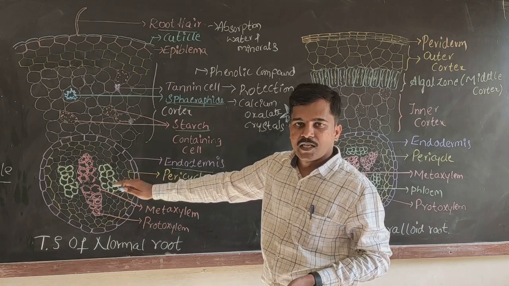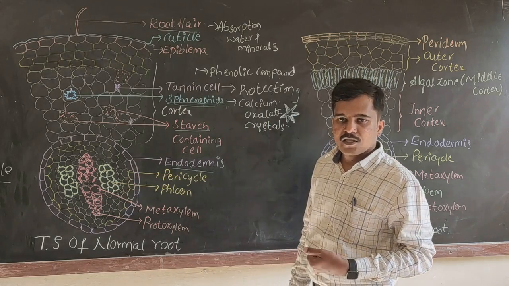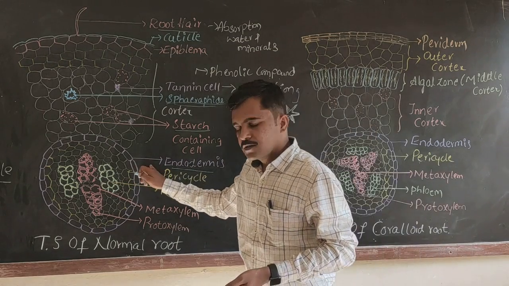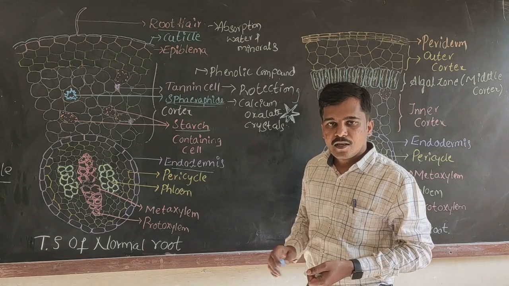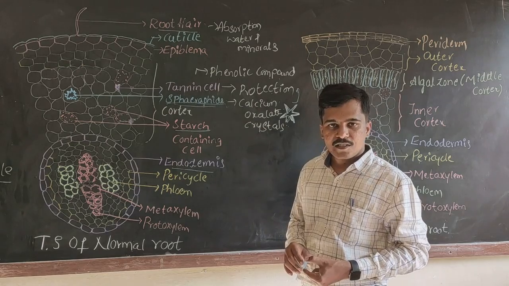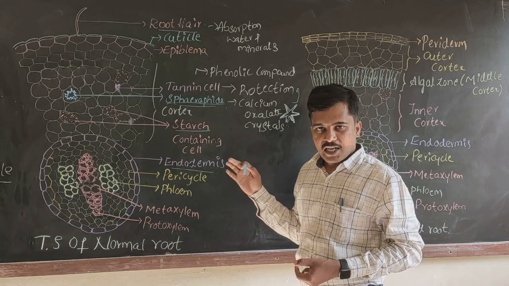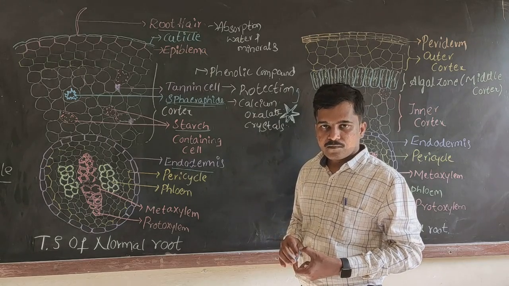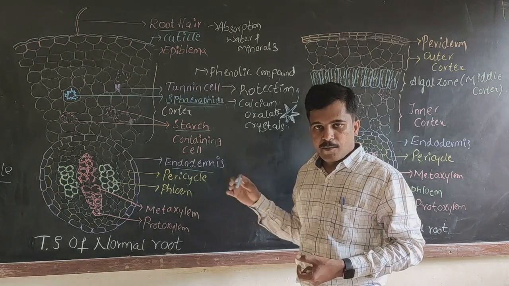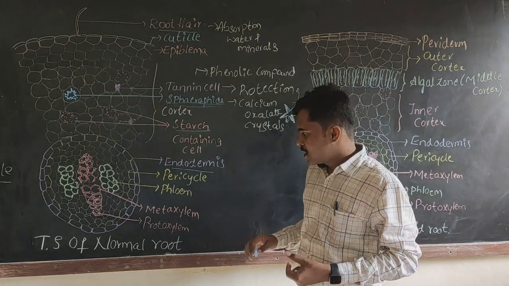While explaining the general characteristics of gymnosperms, I told you these gymnosperms consist of well-developed xylem and phloem. But in case of xylem, xylem vessels are absent, and in case of phloem, companion cells are absent.